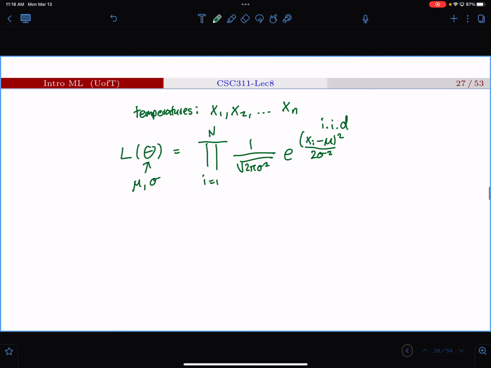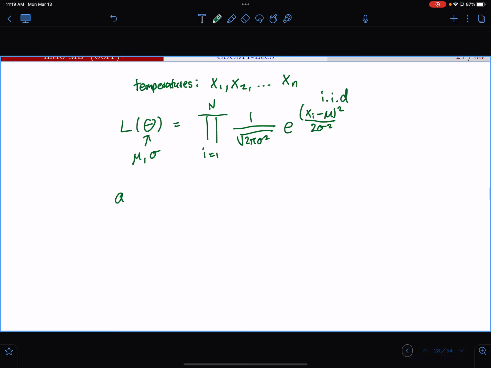Okay, and then since taking the derivative of this expression is kind of complicated, what was the thing we did last time to make it easier? Yeah, you can take the log of the entire expression. So we're focused on mu first. We'll just take the partial derivative with respect to mu.